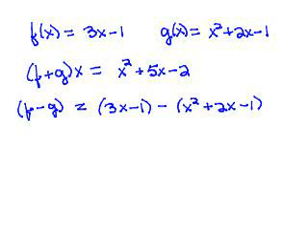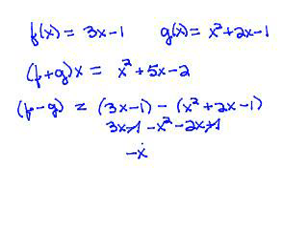You have to remember here, because I'm subtracting the second function, that we have to distribute that negative sign. So we would have 3x minus 1 minus x squared minus 2x plus 1. So the 3x minus the 2x is a 1x, so we have negative x squared plus x. Okay, so that would be f minus g.